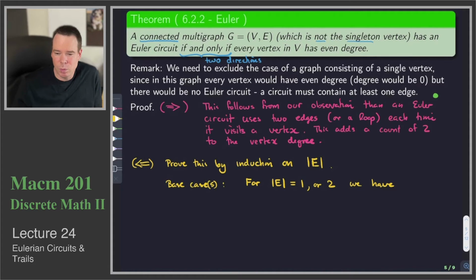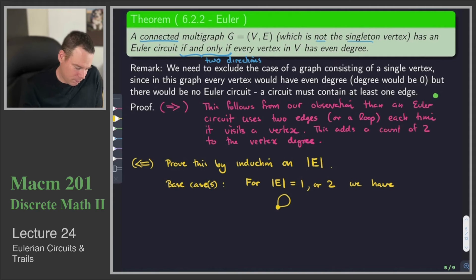what do we have? Well, what can our graph look like? So it's connected, and let's say it's connected with one edge. What can it look like? If it's connected with one edge, it can look like this. Could it have two vertices?